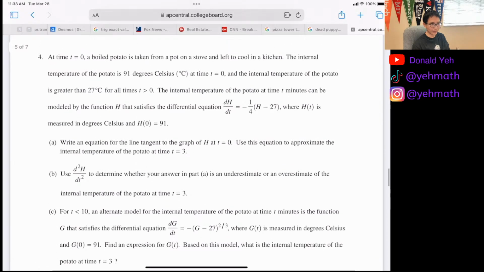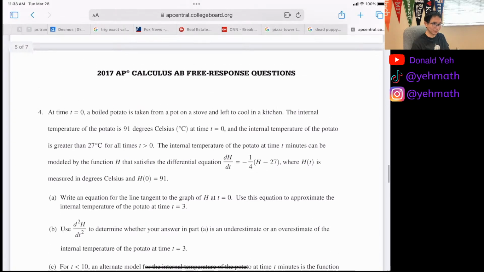There are a lot of memes from this test. It's the potato question, a very infamous potato question. The average score on this question is 1.2 points out of 9. Hopefully you get more than 1.